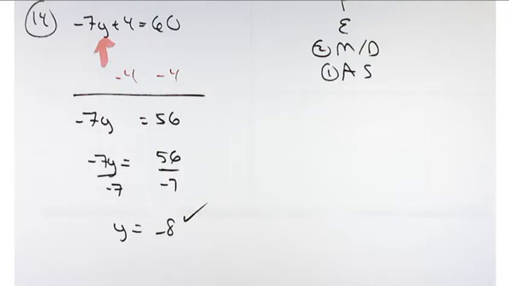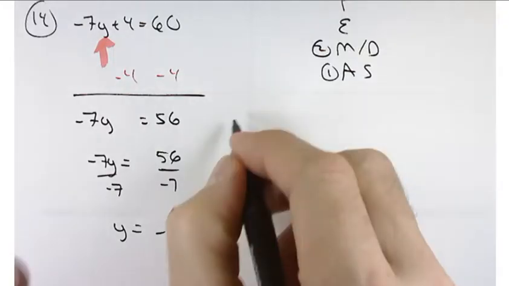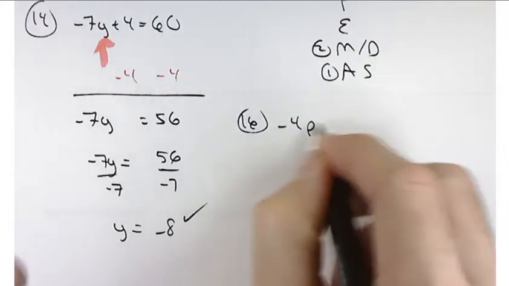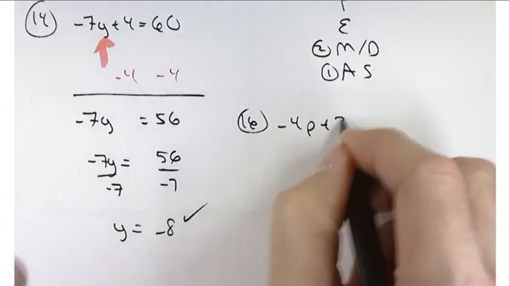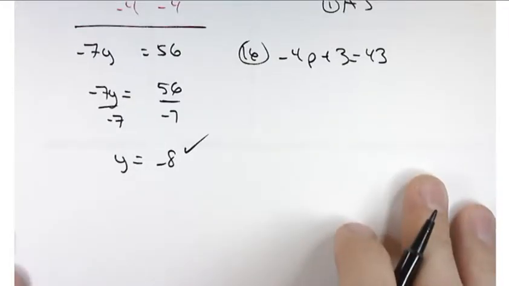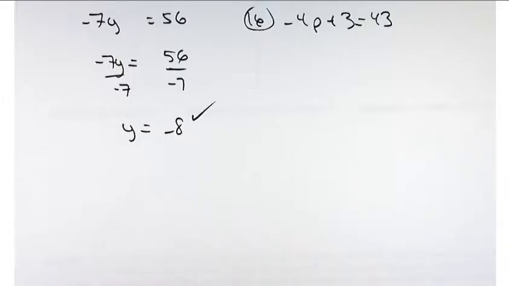Let's try some more here. Why don't you try one? Problem number 16. -4p plus 3 equals 43. After you get the right answer, or what you think is the right answer, go back and check it.